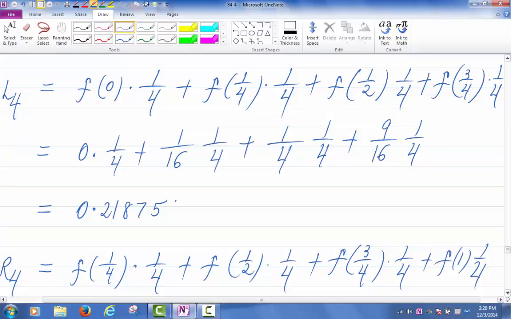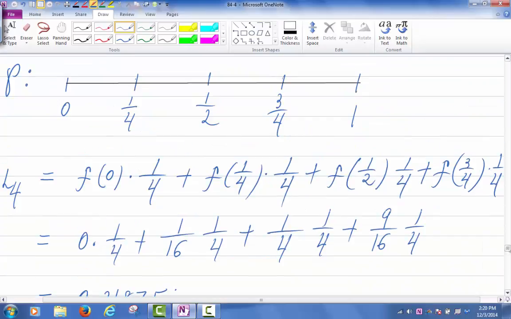What is R4 here? Let me go back to my intervals. For the first subinterval, where do I evaluate f? I evaluate f at the right endpoint, 1/4, multiply by the length, which is 1/4. For the second one, I evaluate f at half, multiply by 1/4.